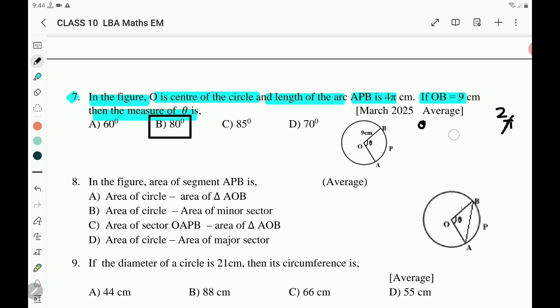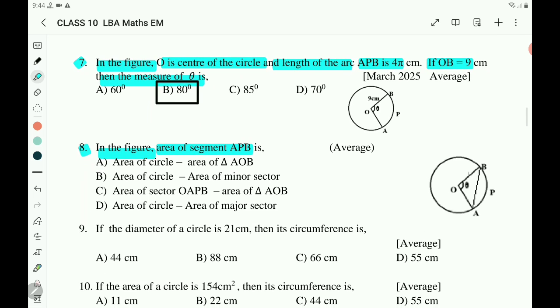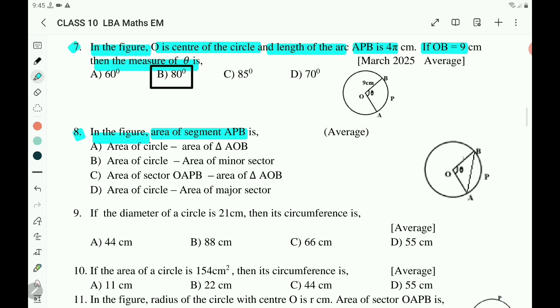Next question. Question number 8. In the figure, the area of the segment APB is. You know the formula to find the area of the segment. Area of the segment is always equal to area of the sector minus area of the corresponding triangle.